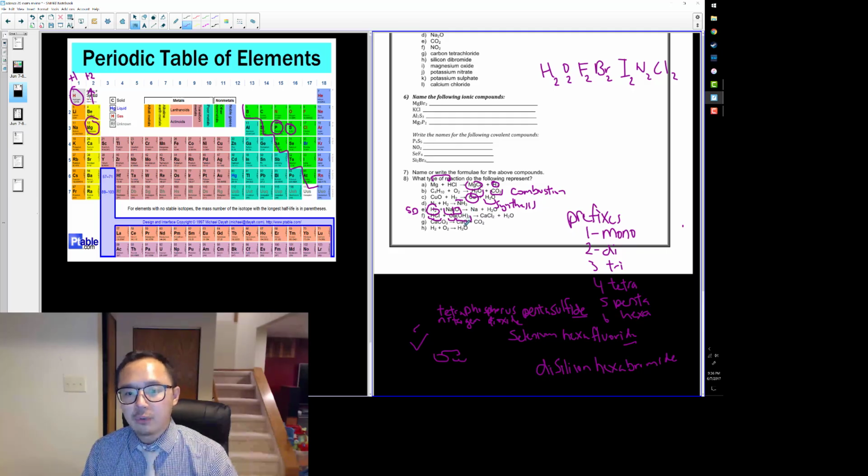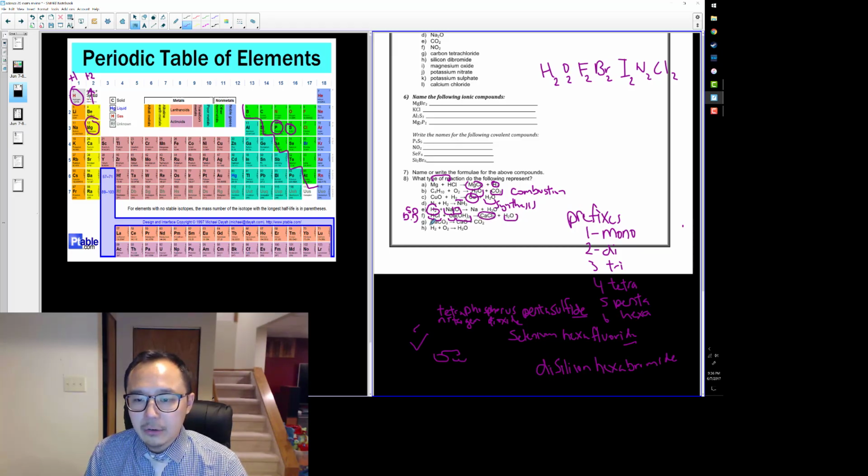That means you have 2 and 2, making it double displacement. And why is this one an acid and base? Well, HCl is hydrochloric acid, and Ca(OH)2 is calcium hydroxide, because you have an acid combining with a hydroxide. That is a neutralization reaction, or acid and base, giving you water and a salt as your products.